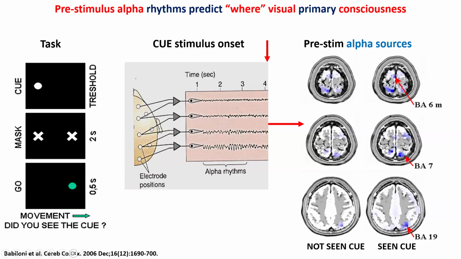So visual primary consciousness of spatial features of the cue stimulus was more frequent when in the trial there was high alpha source activity in the dorsal pathway before the appearance of the cue stimulus.